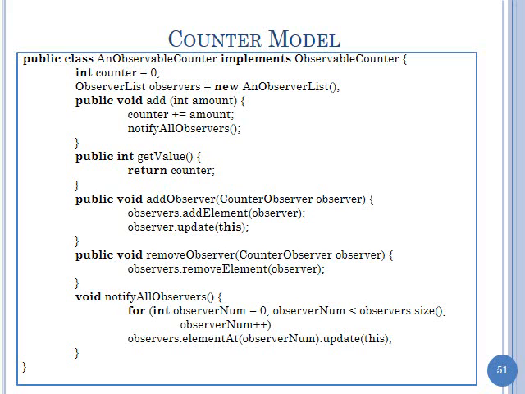Now, why do you think I did this? In the add observer method, I not only added the observer to the list, but I also said observer.update(this). So I have a new observer. I added the observer to a list, and then I invoked the update method on that observer. The update method needs to take the observable counter, and the observable counter you want to give it is this instance itself.